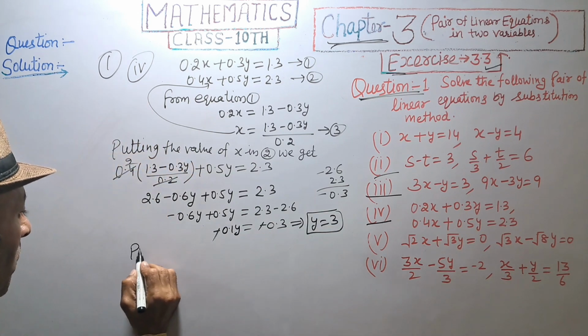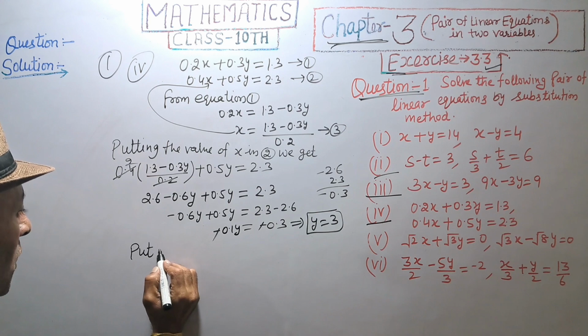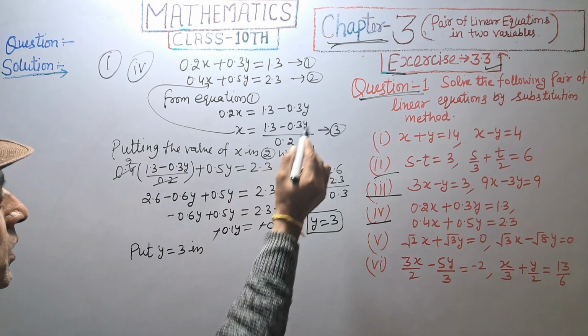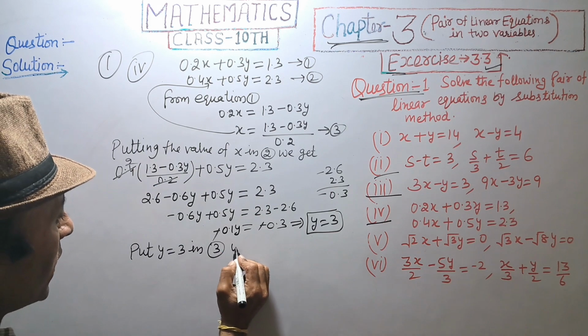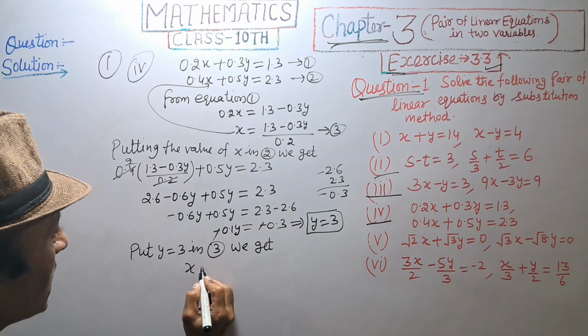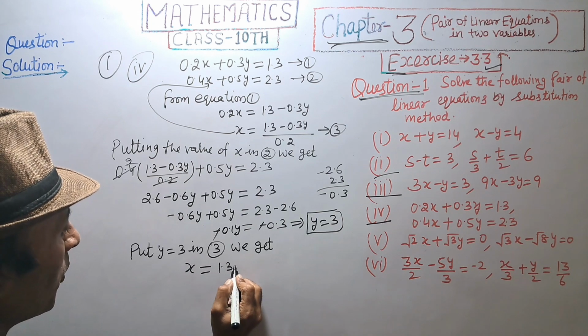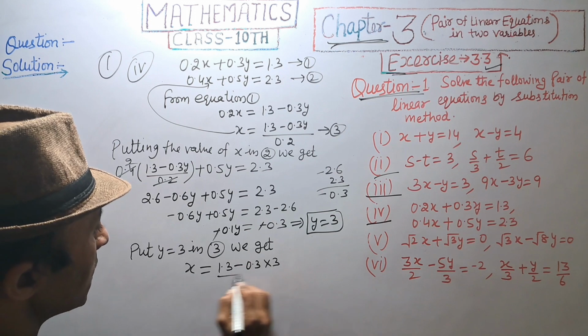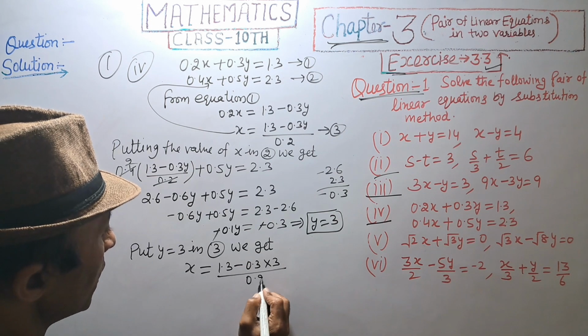And put y is equal to 3 in third. We get third equation, x is equal to (1.3 minus 0.3 multiplied by 3) divided by 0.2.